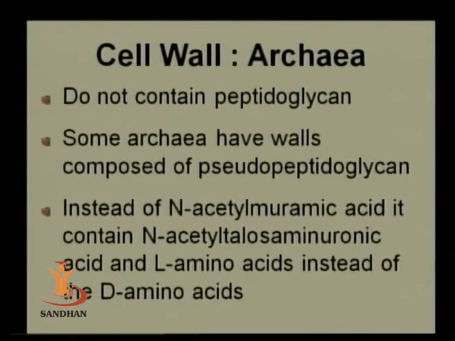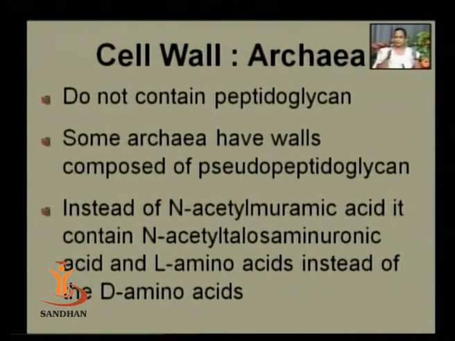Okay, this was all about the gram-negative organisms. Now what happens in the case of Archaebacteria? Archaebacteria do have cell walls, but they do not have peptidoglycan. Instead, they have proteins and lipids. But some Archaebacteria show the property of pseudopeptidoglycan.